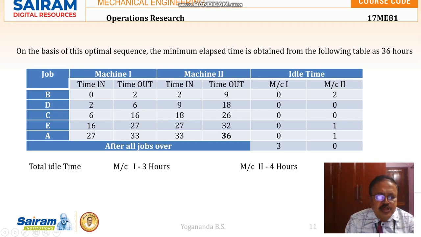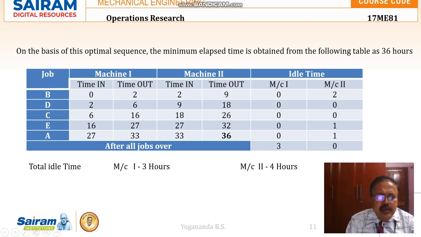Then the next job, D. Once the previous job B comes out of machine 1 at the second hour, the next job D will enter machine 1 at the second hour. It gets processed there for 4 hours. So it is 2 plus 4, 6.